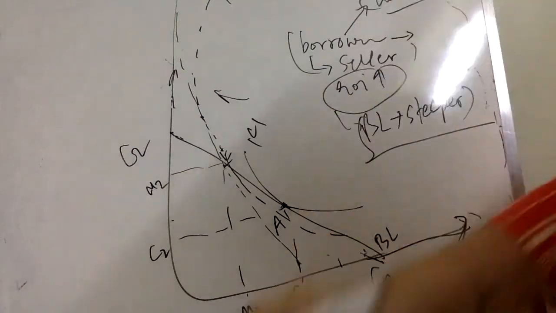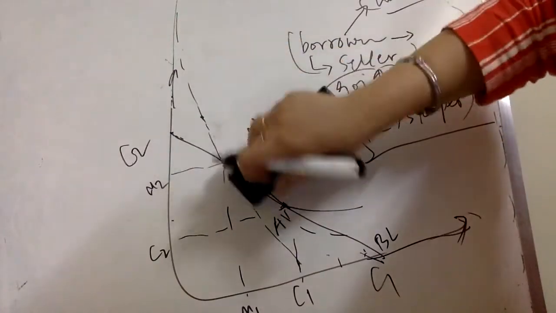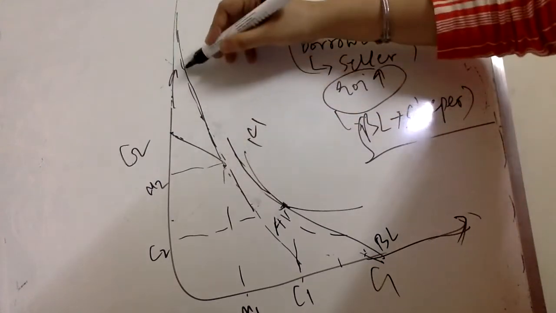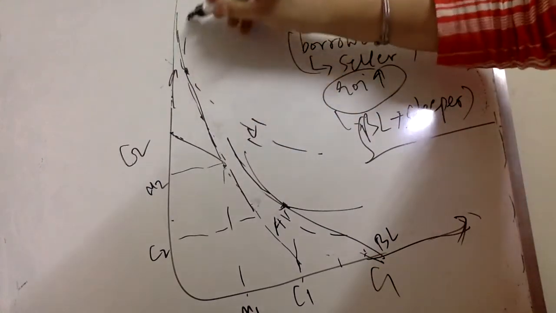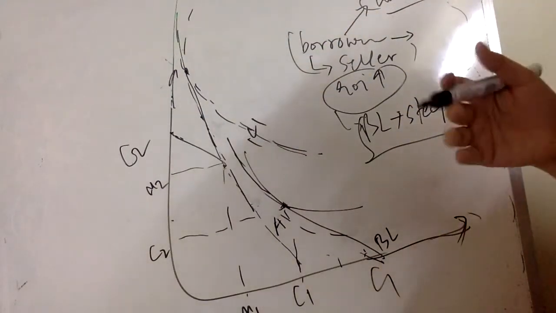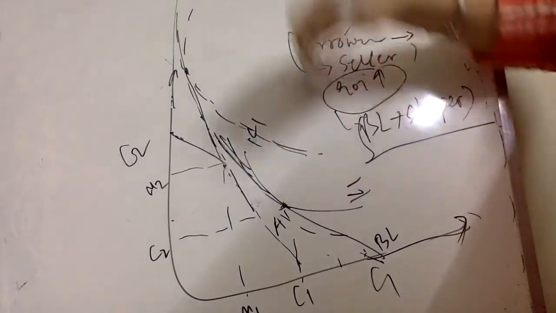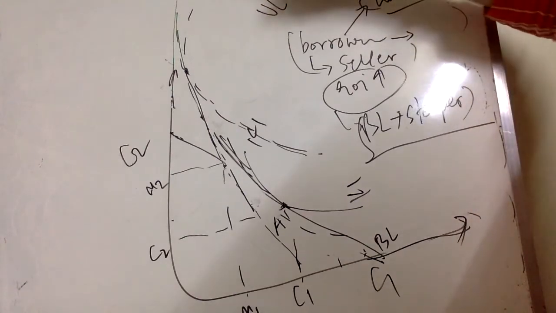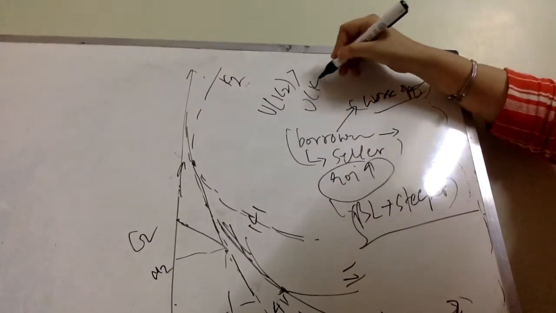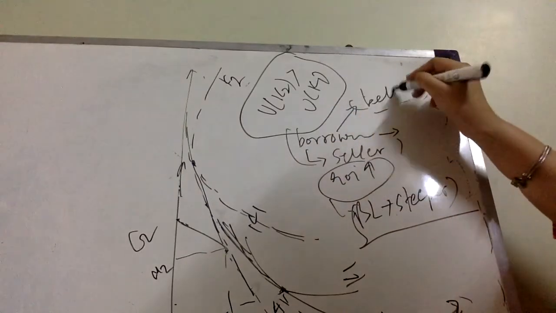Another possibility is that my new indifference curve is much wider and lies above my previous IC, which means my utility at IC2 is strictly greater than utility at IC1. This is the case in which I am rather better off.